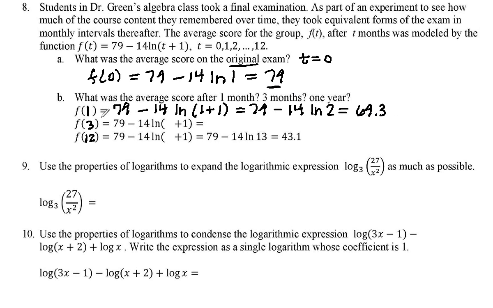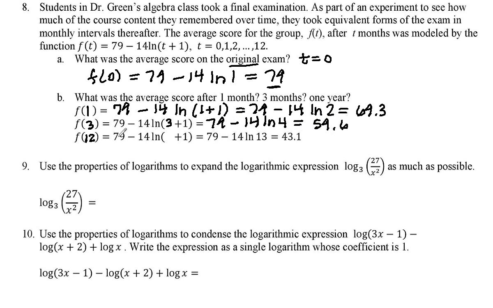3 months later, then we're going to plug in 3 here for t. So 79 minus 14 log 3 plus 1. So subtract off 14 log of 4. And if you compute that one, this is going to be 79 minus 14 times the natural log of 4. And that gives you 59.6. So they're retaining less. It's dropping over time.